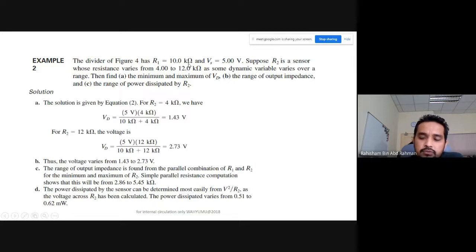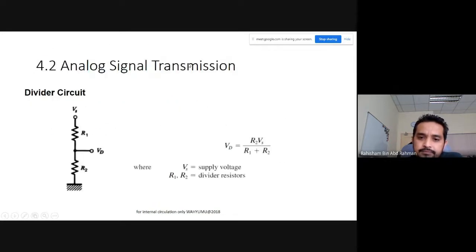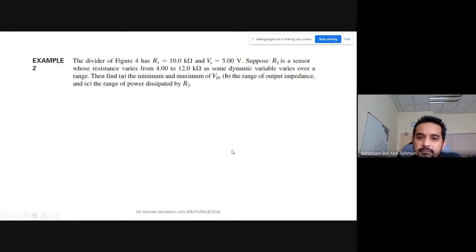So what we need to do is first use R2 equal to 4 to calculate the minimum, and then consider the second case, R2 equal to 12, so that we can calculate the maximum and minimum value of VD.